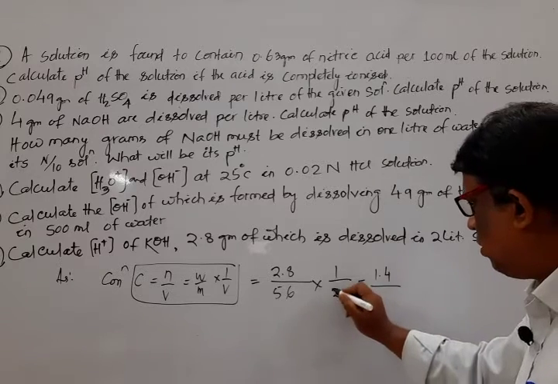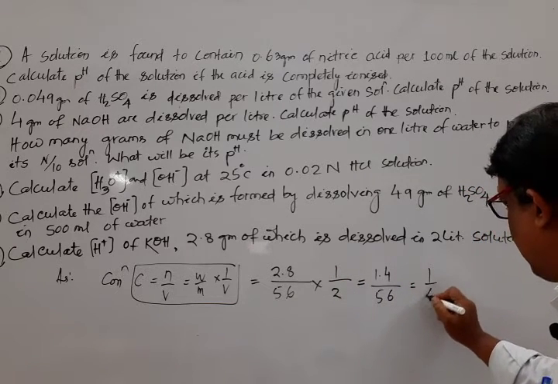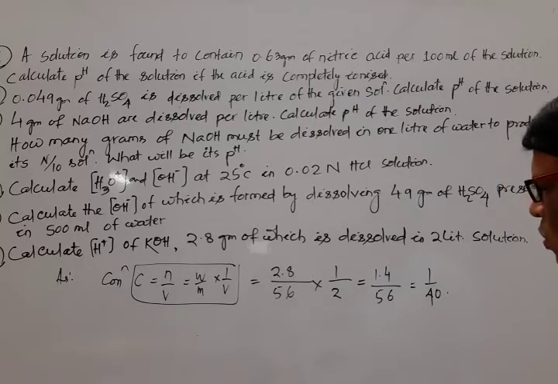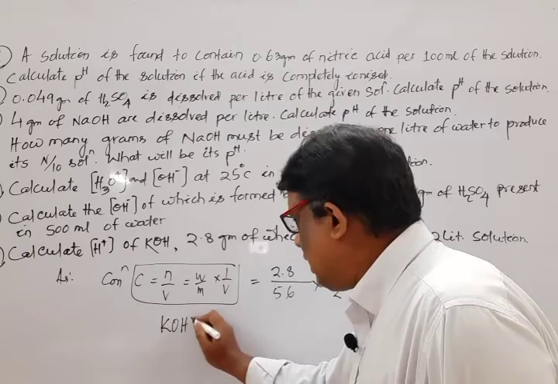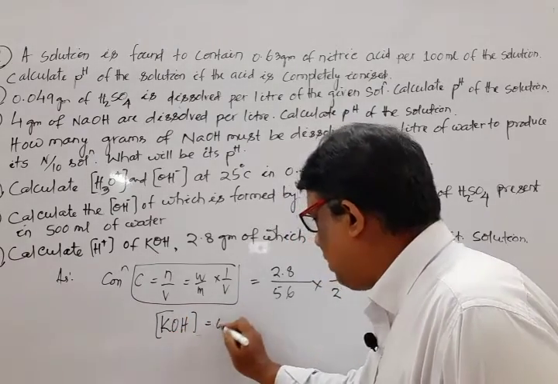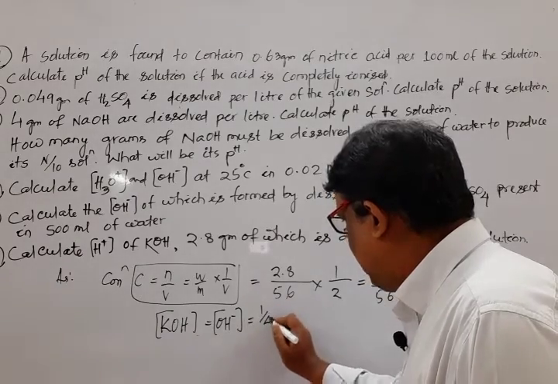On solving, 1.4 by 56, that means 1 by 40. So this is the concentration of potassium hydroxide. Concentration of potassium hydroxide means OH minus ion concentration is equal to 1 by 40.